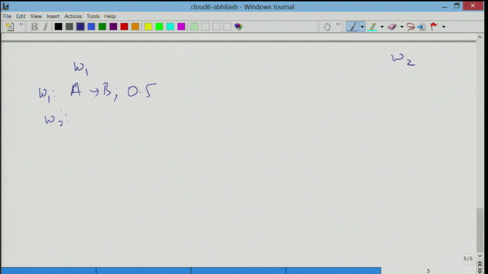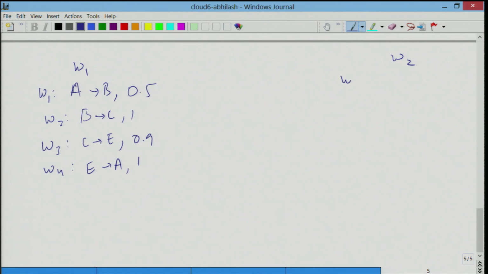W1 knows that W2 is handling keys from B to C. Its current load is 1. W3 is handling keys C to E. Its current load is 0.9. And W4 is handling E to A. Its current load is 1.